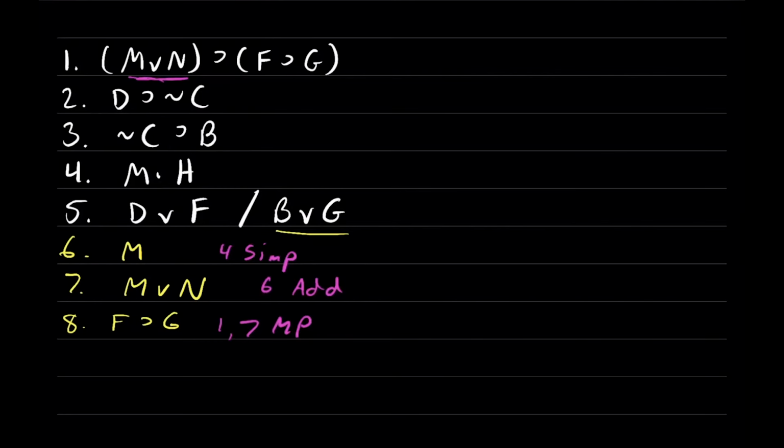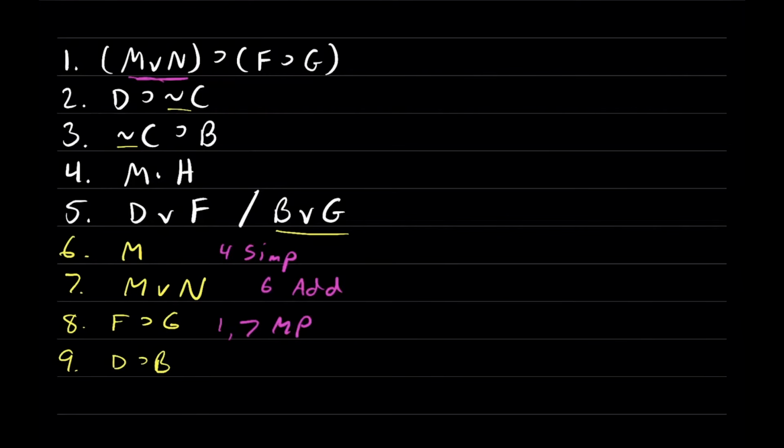Let's see here. The next thing I notice is that on lines 2 and 3, we've got a pattern here. Not C is kind of a middle term. D implies not C, but not C in turn implies B. And we can use hypothetical syllogism then to get D implies B. Hypothetical syllogism is one of the rules from last week.